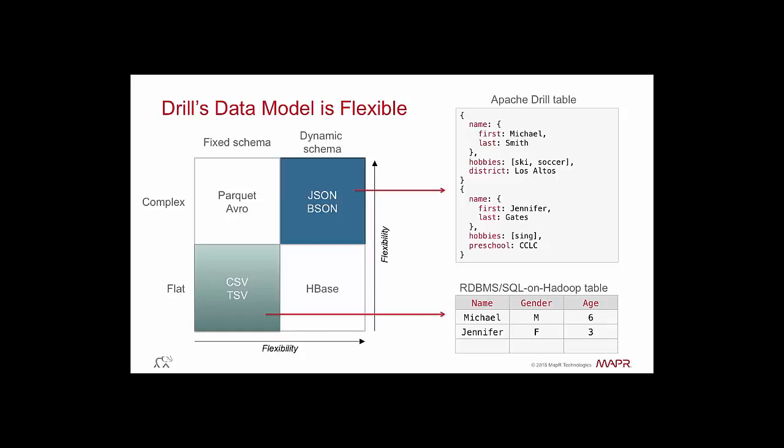And every other format out there, the CSV file, HBase, Parquet, they're all just a special, simpler form of that most complex form, and the engine is optimized to deliver interactive speeds for the most complex form, so everything else falls in place when it comes to the simpler data formats. Right, so this is a remarkable difference in how Drill looks at the data sets and how it does schema discovery on the fly much faster than any other engine out there.